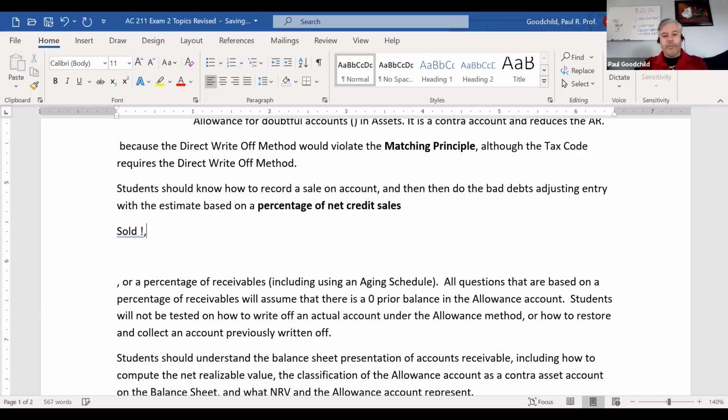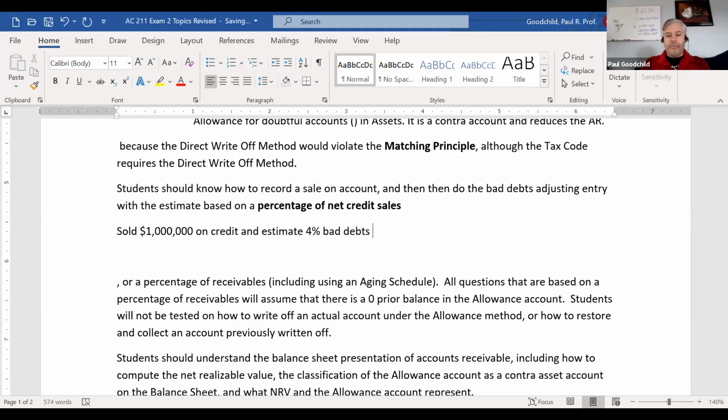So if we sold $1 million, a little punchy, I didn't sleep much last night. And estimate, oh, gotta remember the important part, on credit. And estimate 4% bad debts.